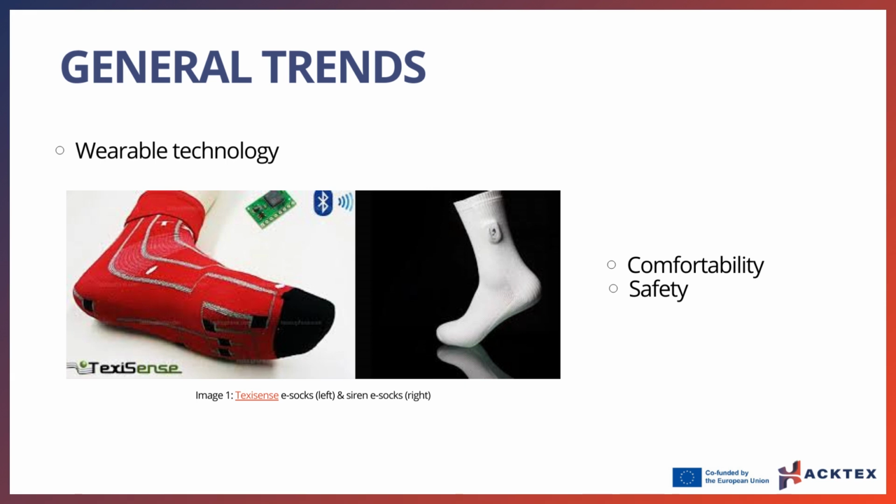A good example of a wearable product is the one shown in this slide. A smart sock, with newly added properties that, of course, needs to accomplish the mentioned comfort and safety aspects.